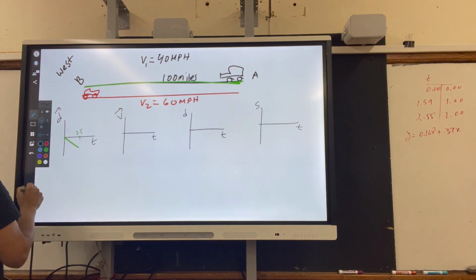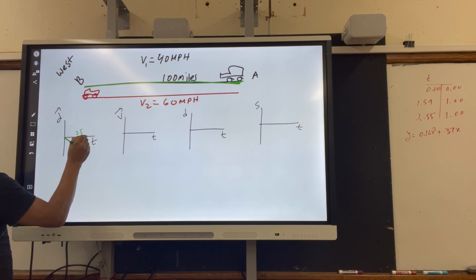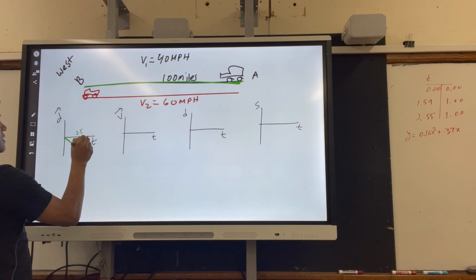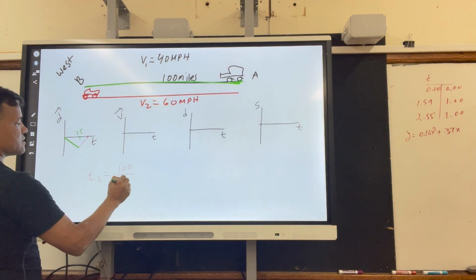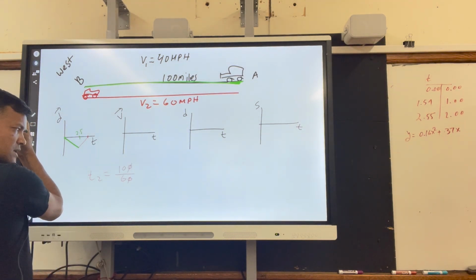Now we're going to do distance 2. Distance 2 is this one, right? And how long does it take? T2 is 100 divided by 60. The zeros cancel, 10 over 6.